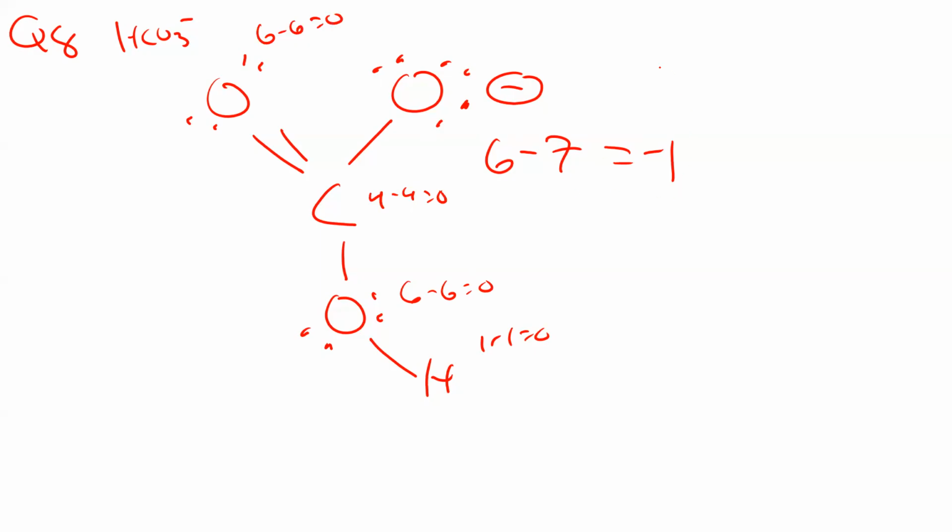So if you add all these formal charges up, you're adding a bunch of zeros, right? 4 times 0 plus a negative 1 equals a minus 1. That's how you get the formal charge of minus 1. I guess it'd be the overall charge, because you add up the formal charges to get the overall charge. All right, so that was question 8.